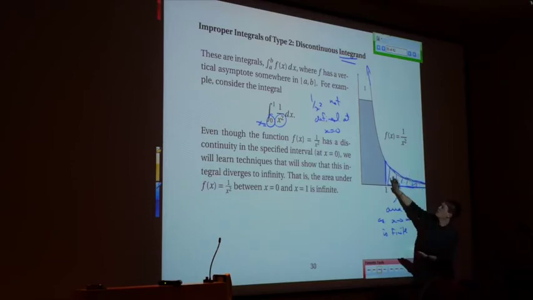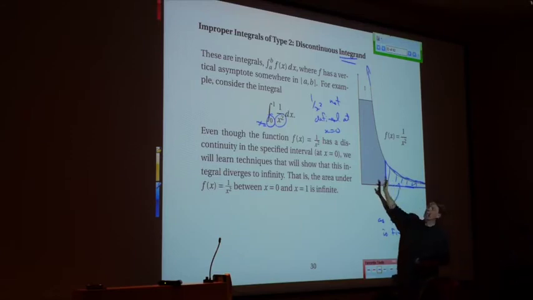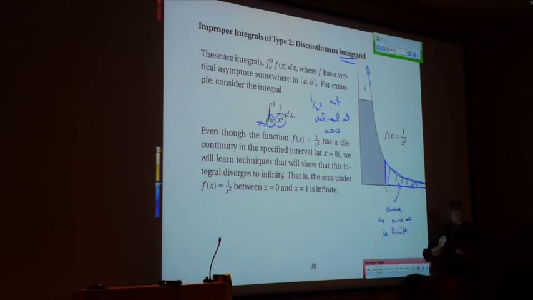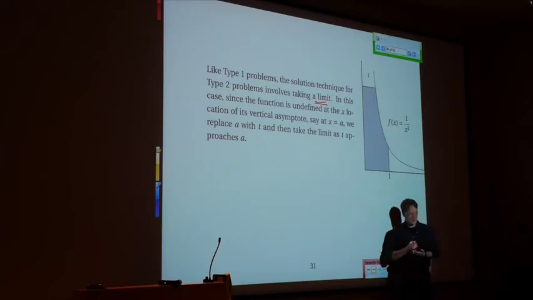We said, if I have 1 over x squared and I go out this way, the function seems to shrink fast enough and the area underneath the graph is limited somehow. We're going to see that's the opposite scenario if we blow it up and go towards this asymptote. The technique is going to be exactly the same. We're going to use a limit in the same philosophy as before, but the technical detail is different.